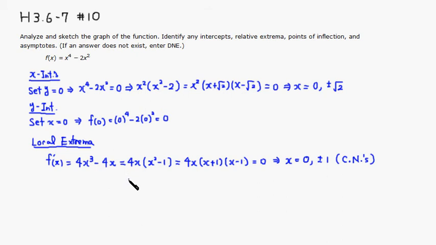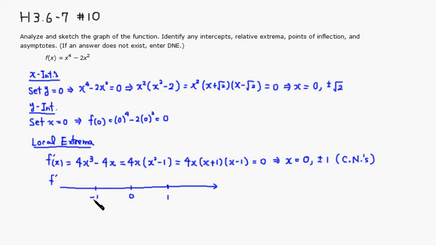Then we just have to do a number line here. So you have 0, negative 1, and positive 1. So let's look at the sign of f prime.